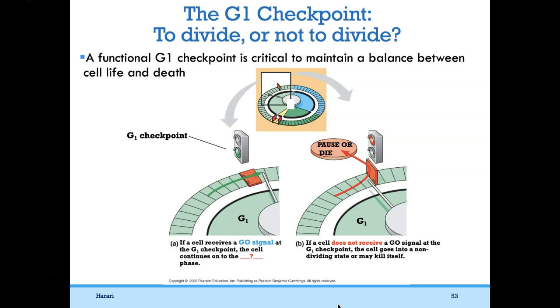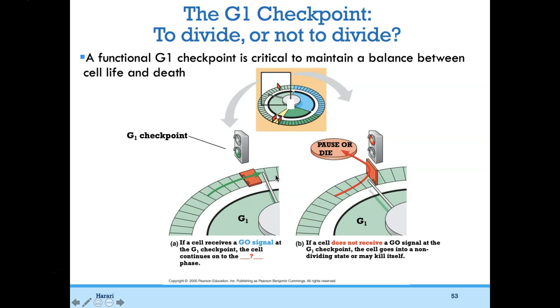Am I supposed to divide? Or am I supposed to wait? Or am I supposed to kill myself? That's what a cell is asking itself at the G1 phase. The only way that it will go on is if a go signal is received. And if a cell receives a go signal at the G1 checkpoint, the cell will continue on to which phase?